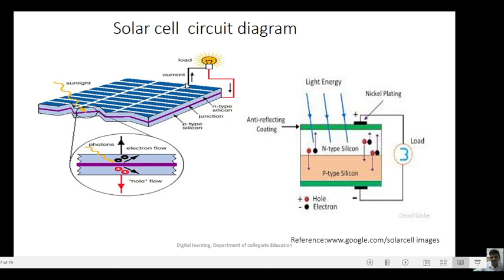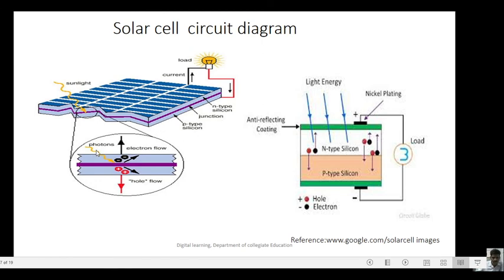The negative and positive terminals, the cathode and anode of the solar cell, are connected to a resistance or a bulb. When the current flows along the wires, the bulb will glow.